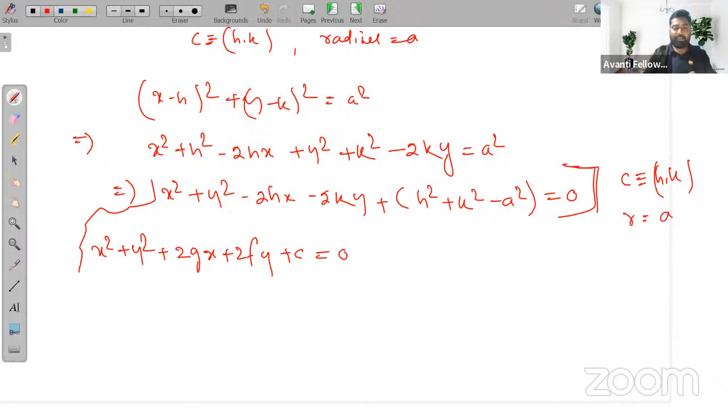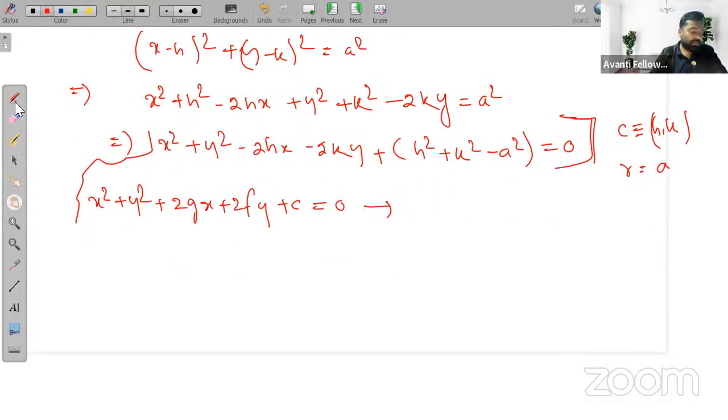In this circle, the center is (minus g, minus f) and radius is under root of g square plus f square minus c. If I compare these two equations, what do we get? We have x square in both, and y square in both.